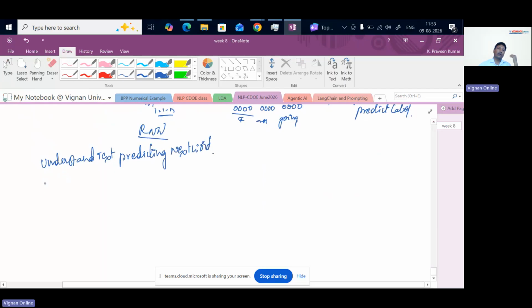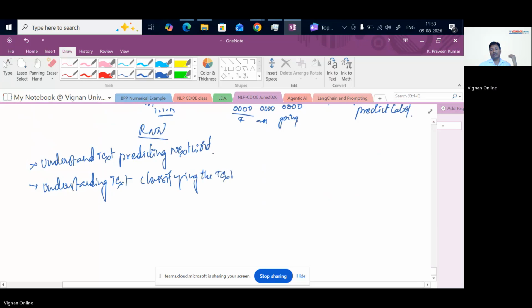This is one task, understanding text, then classifying the text. So both ways it is working, understanding the text and predicting the next word.